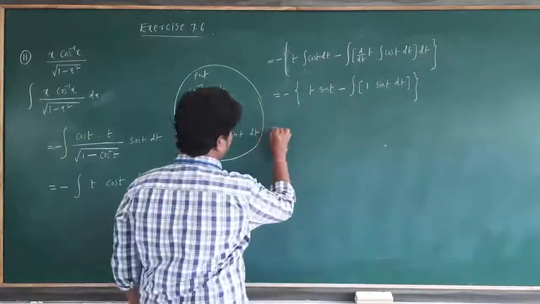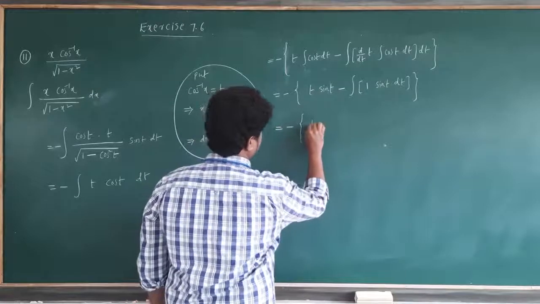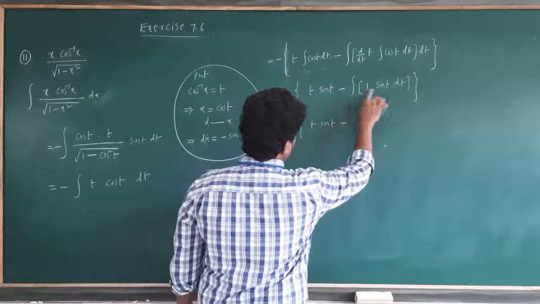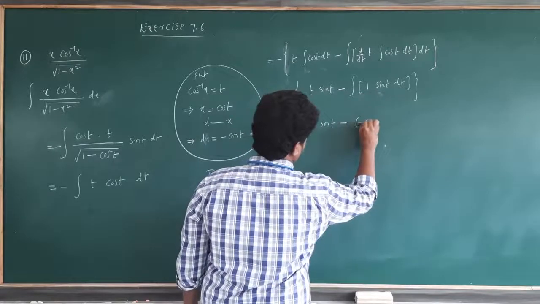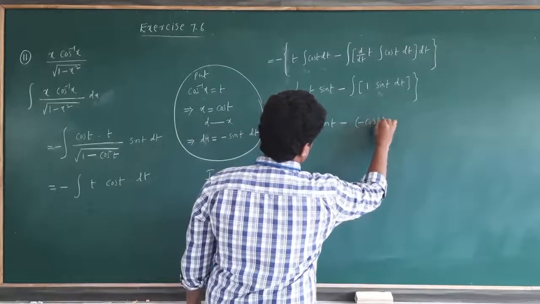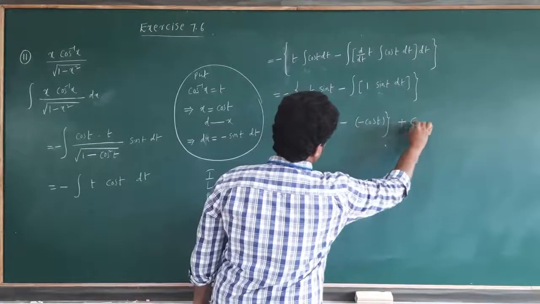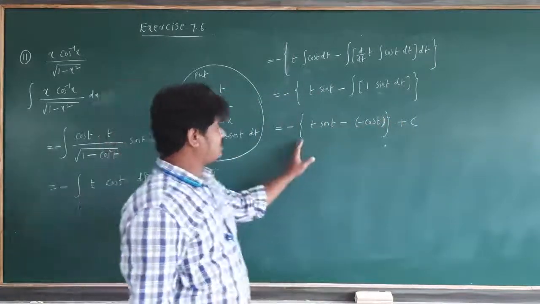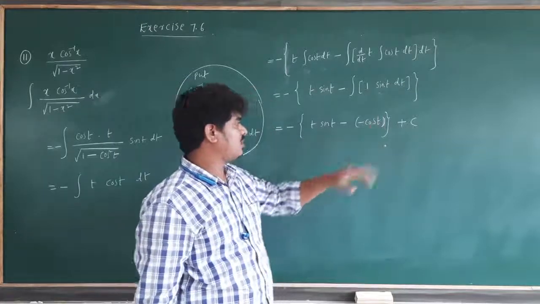So this equals minus t sin t minus the integral of sin t, which is minus cos t. So you should take plus c here. Why? Because there is no integral in this. You should take plus c.